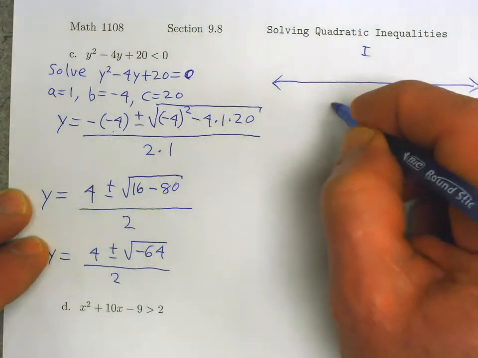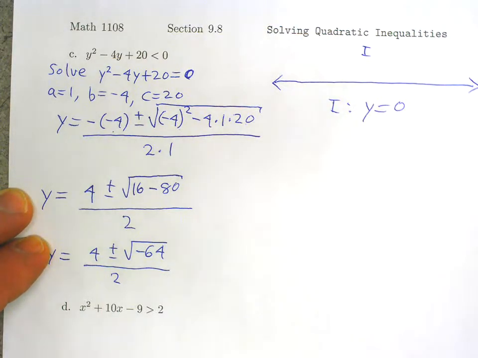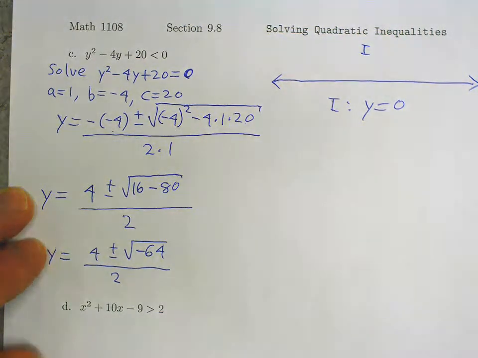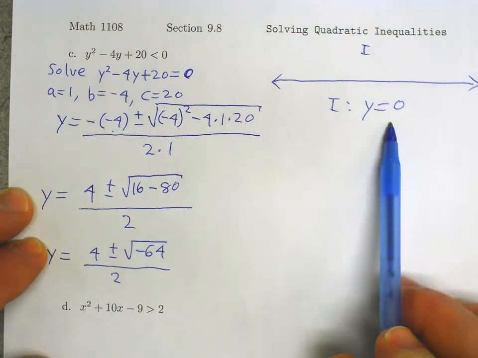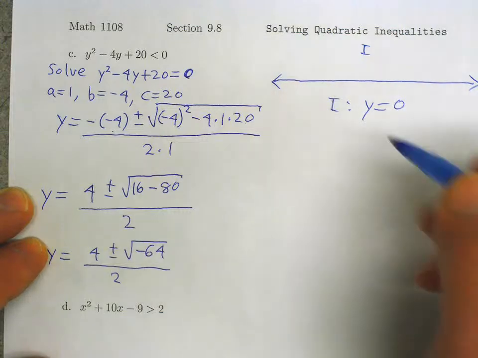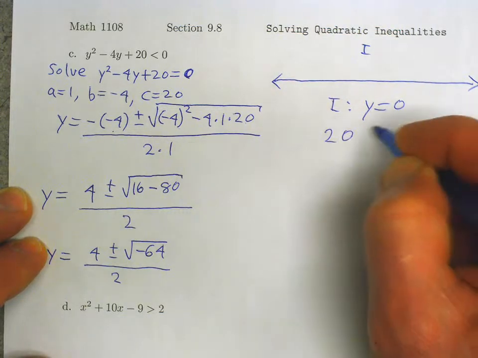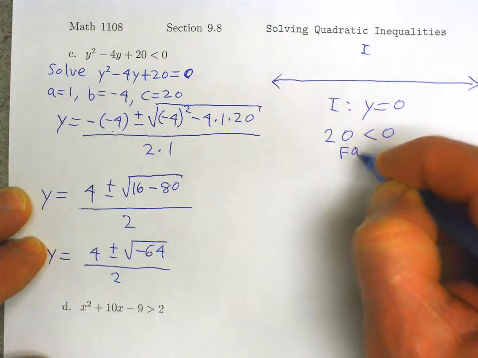Okay, so there's only one interval to test. I'll just pick y to be 0. That's usually the most convenient choice for a test point. And then in the inequality, replace every y with 0. We're just left with 20 is less than 0. We know that that's false.